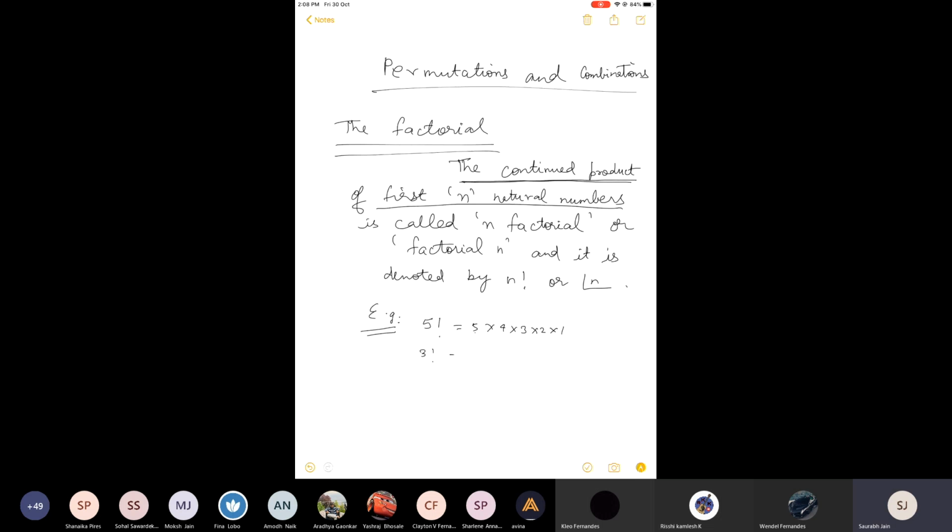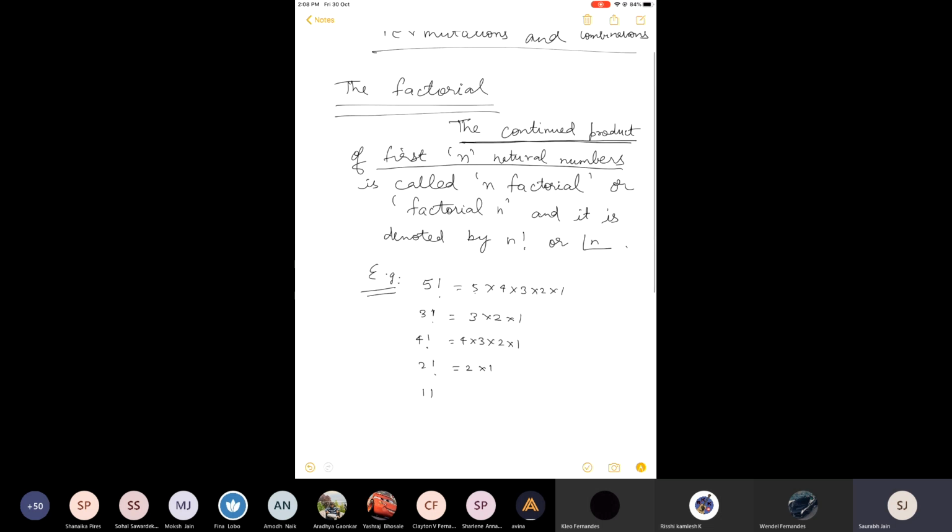3 factorial means 3 into 2 into 1. Product of all the natural numbers. Then 4 factorial means 4 into 3 into 2 into 1. 2 factorial means 2 into 1. 1 factorial means 1, because the continued product of the first natural number is the number itself.